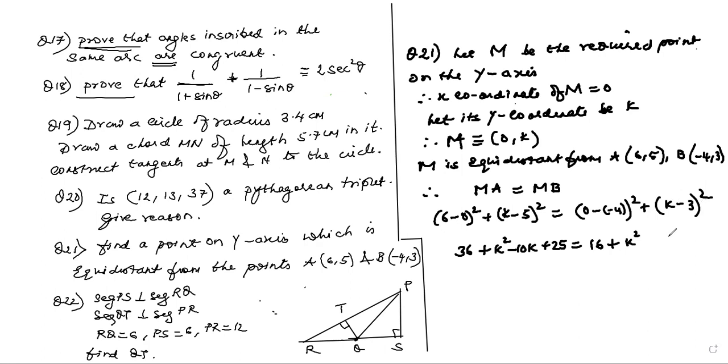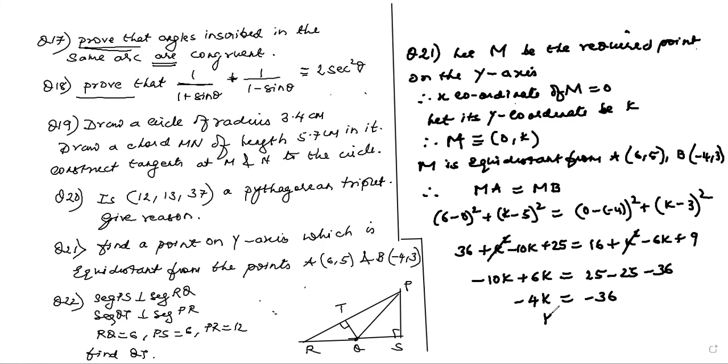So k square gets cancelled, minus 10k plus 6k is equal to 16 plus 9, which is 25, minus 25 minus 36. So this is minus 4k equal to minus 36.